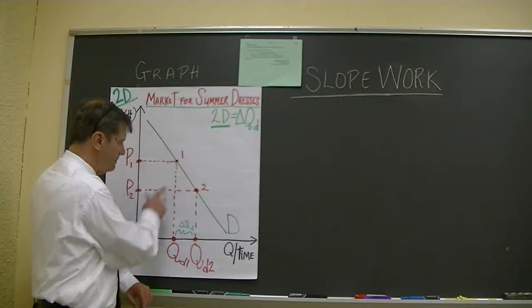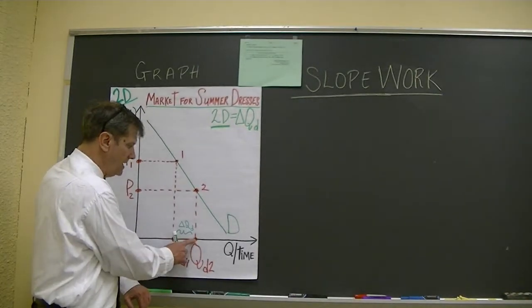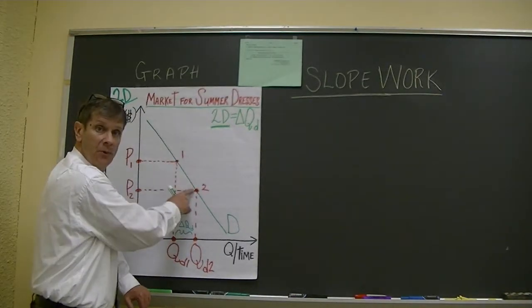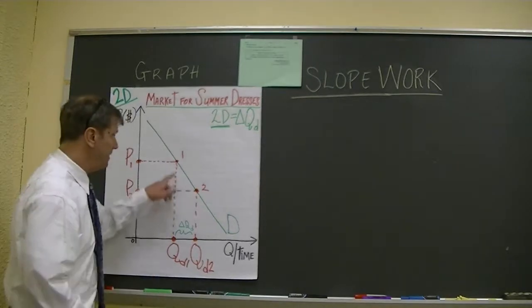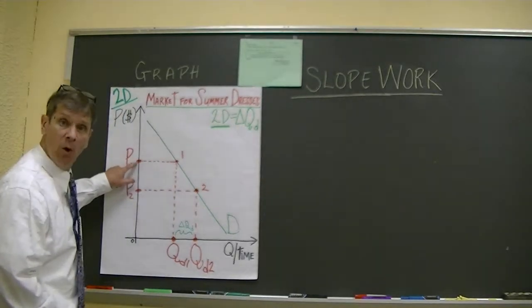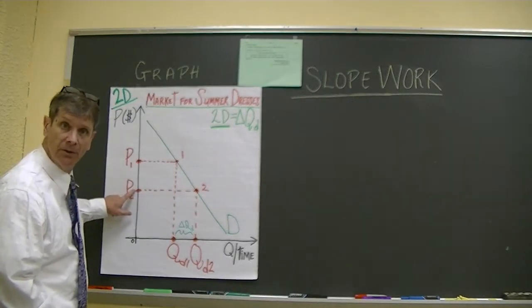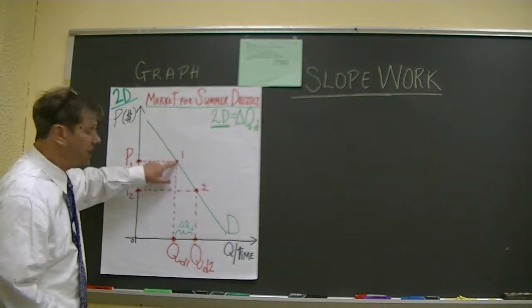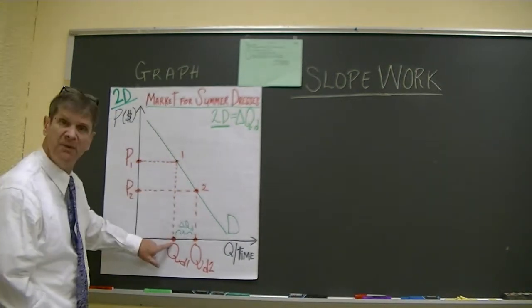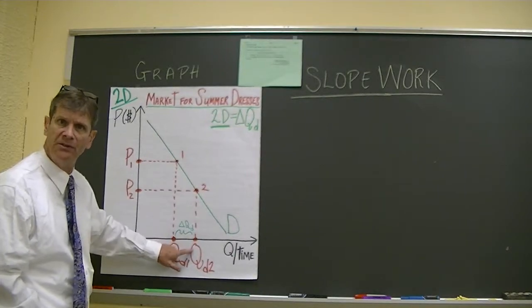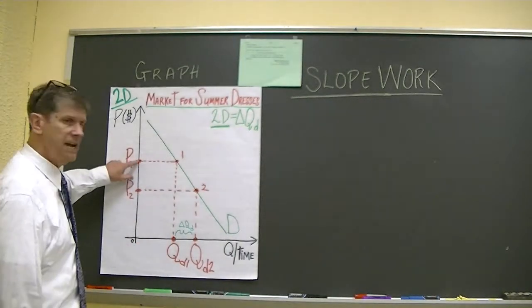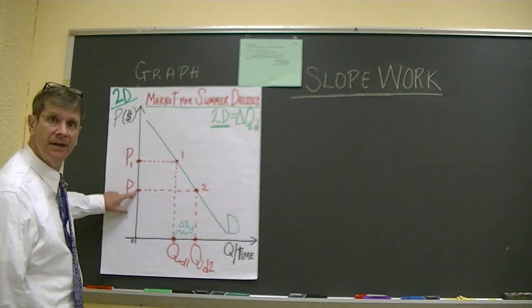So how do we go from QD1 to QD2? We would have to go from point 1 to point 2. Well, the only way that can happen is if the price goes from P1 down to P2. Does that make sense? So if we go from point 1 to point 2, quantity demand changes from QD1 to QD2. What caused it? Price came from P1 down to P2.